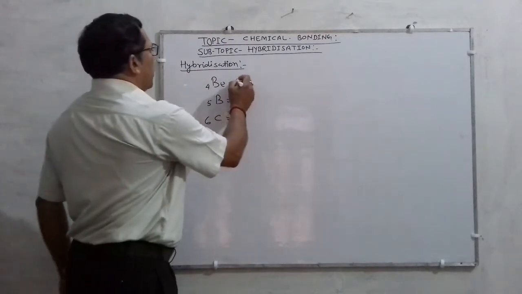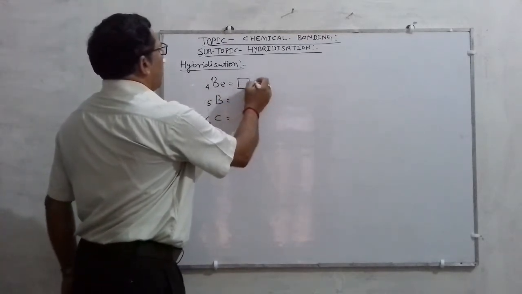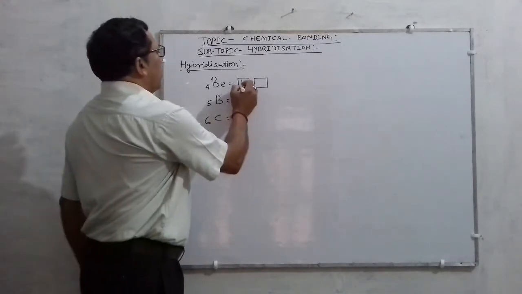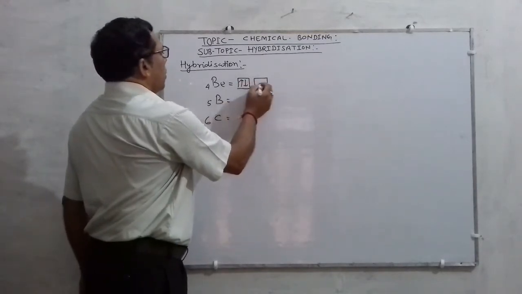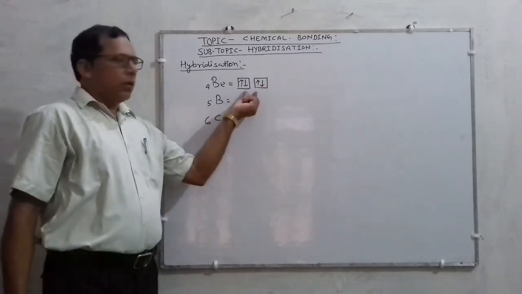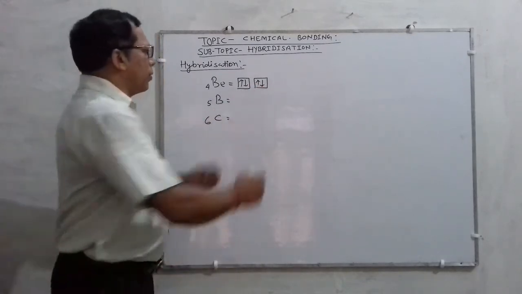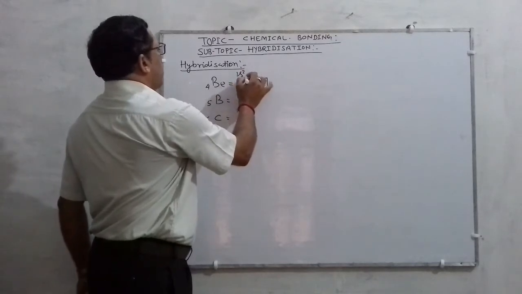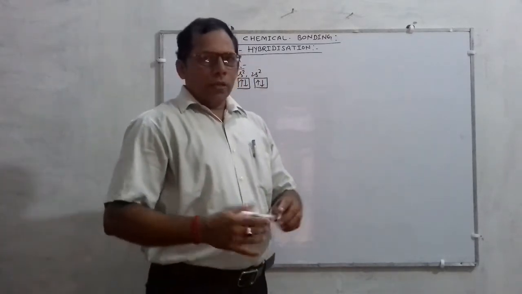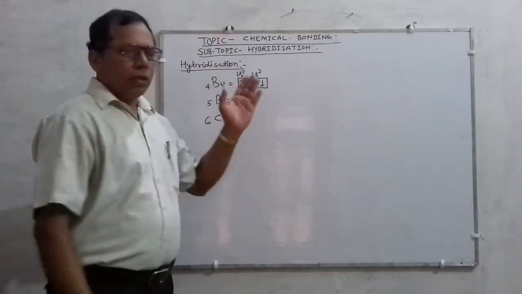If you write the orbital configuration of beryllium, it will be 1s2 and 2s2.